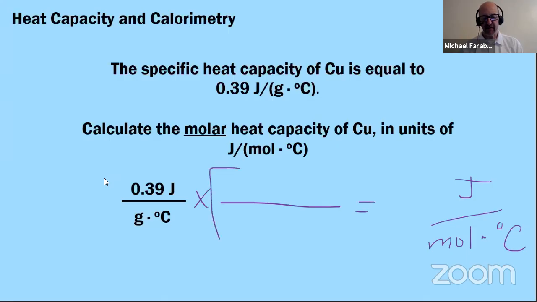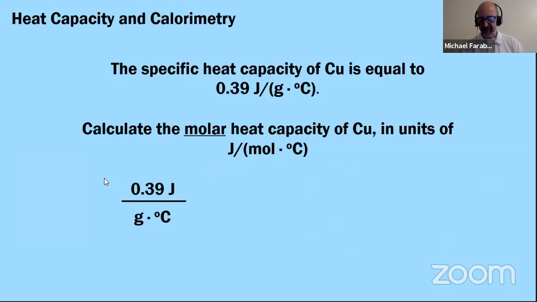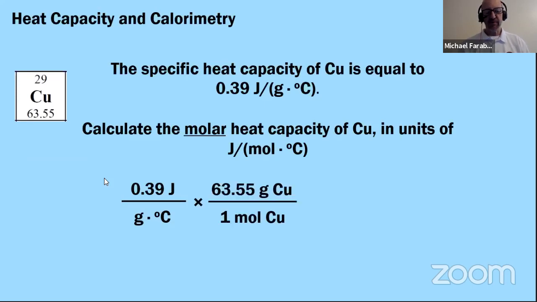So what's missing here in this conversion factor would be something that will put grams on the top and moles on the bottom. So all we really have to do is consult our periodic table to do this conversion. The periodic table tells us that copper has a molar mass of 63.55 grams per mole. If we do this math and the units of grams cancel out, the molar heat capacity of copper is about 25 joules per mole degrees Celsius.